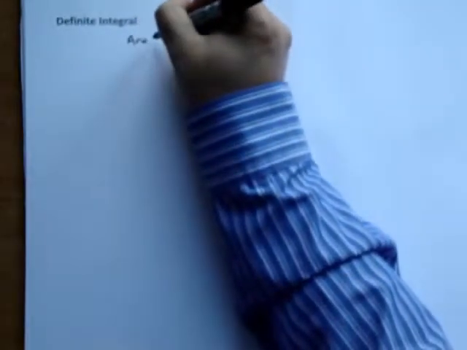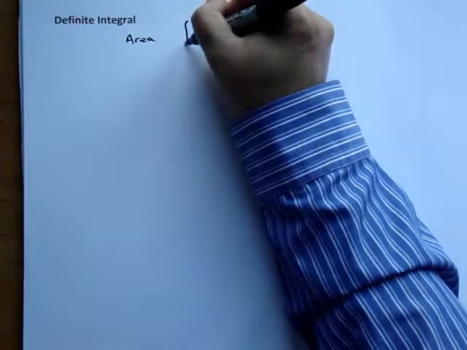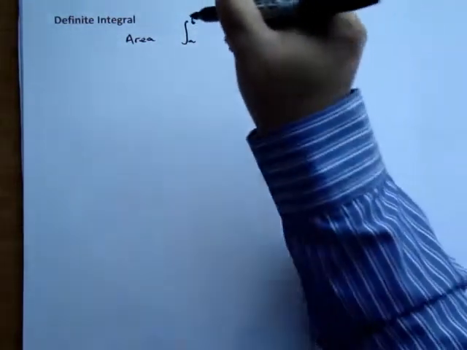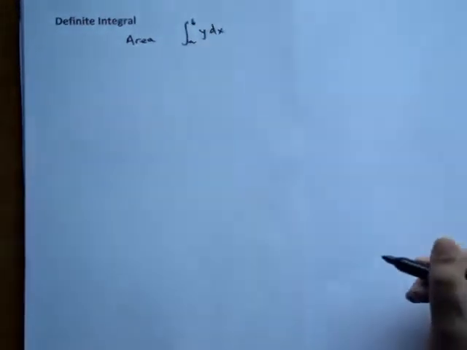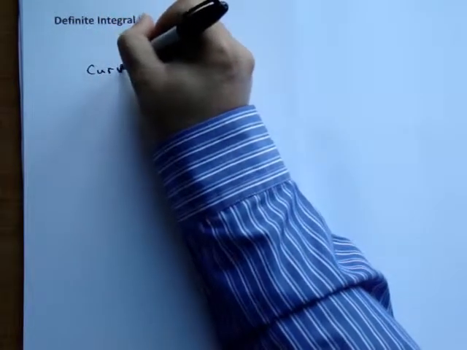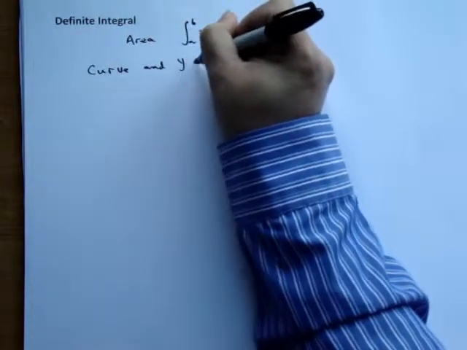We had a look at area before, between a curve and the x-axis, and what we said was it was a definite integral between a and b of y dx. Now what happens if we have an area between the curve and the y-axis?